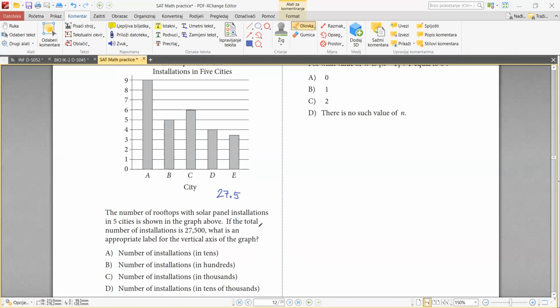But the total number of installations is 27,500. So the proper way of marking the vertical axis would be number of installations in thousands. So C, because then the total sum would be 27.5 thousand installations.